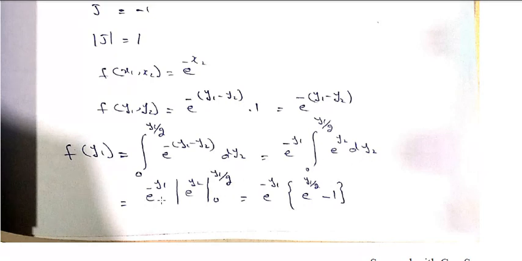We put the function here and integrate with respect to y2. The integration of e raised to y2, with limit 0 to y1 over 2, gives e raised to minus y1 over 2 minus e raised to 0, which is 1. Now the marginal of y1 is this function.